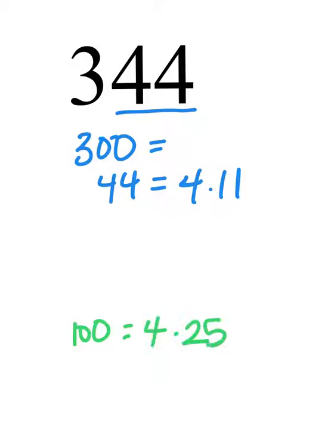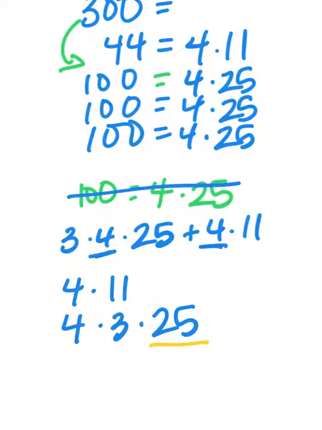Okay. So the common number you have in there is the 4. So you have 4 times 11, and then 4 times 3 times 25. The only number in there besides a 4 that I can break down is the 25. So what can I break 4 down into? Well, that's 2 times 2.